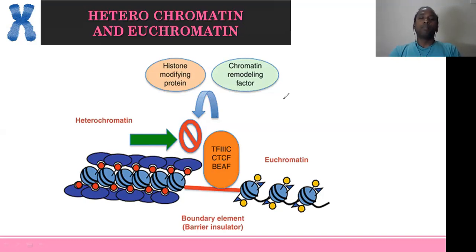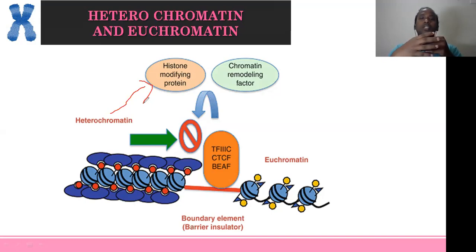For this particular conversion, when heterochromatin wants to be converted into euchromatin, there is a modification which has to take place. We call these histone modifying proteins. There are certain enzymes which can go and bind to the histone and change the histone nature. These histones are proteins which bind to the DNA.